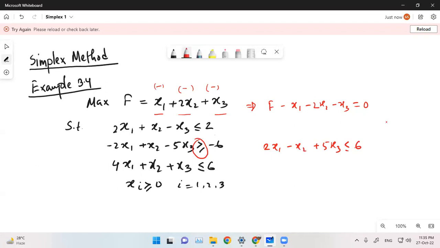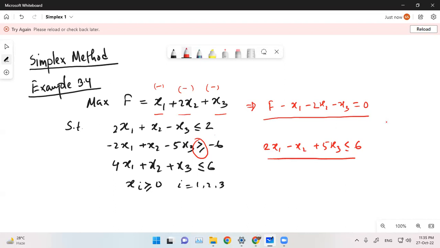So the first step of solving an optimization problem using the simplex method is basically bringing all of them to a format like this.